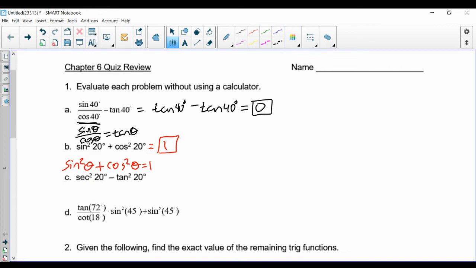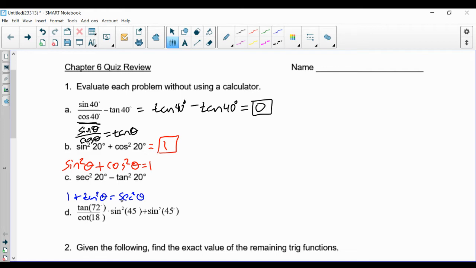Next question, we see more squareds. For this one, we're not going to use sine squared plus cosine squared equals 1. We're actually going to use 1 plus tangent squared of theta equals secant squared of theta. If you wrote it the same way I did, I believe that was our second Pythagorean identity, but either way, it doesn't matter.